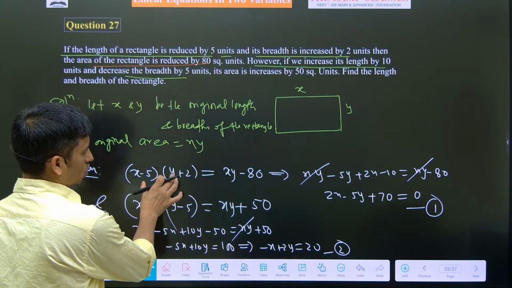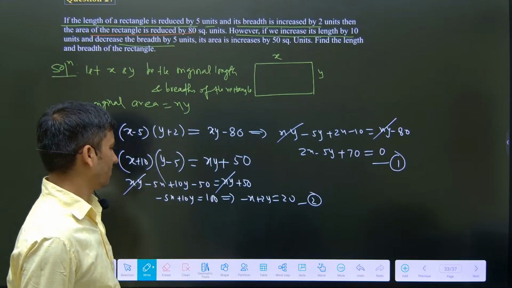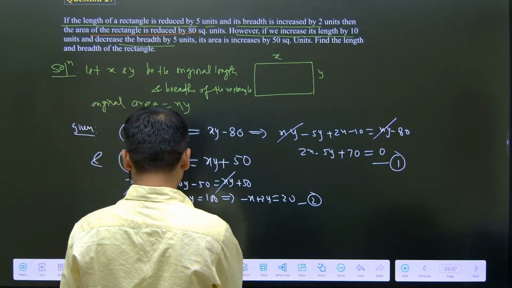Yeah, and now it's easy to solve these two linear equations, right? We can even multiply the second equation by 2 and add, no?